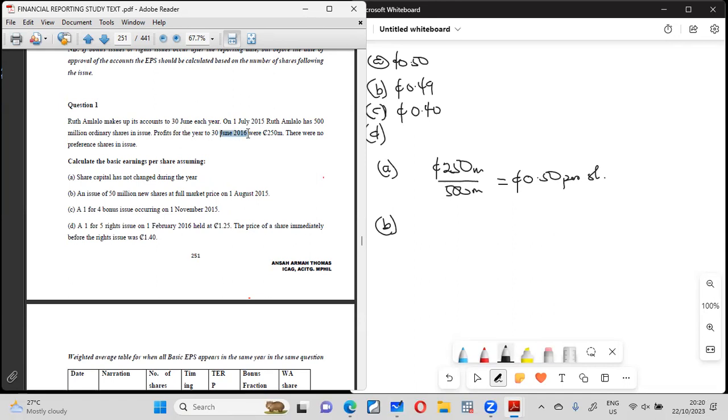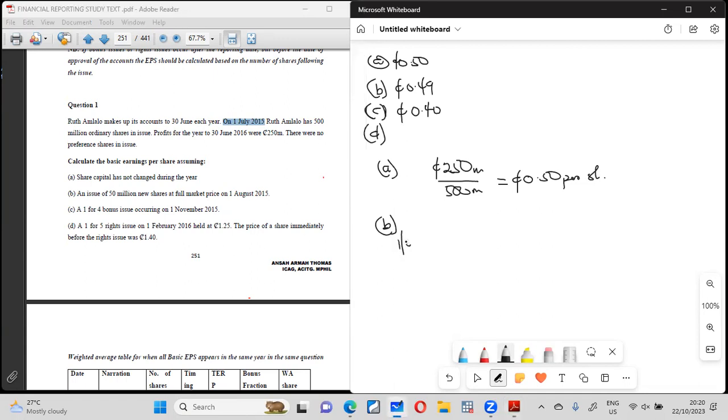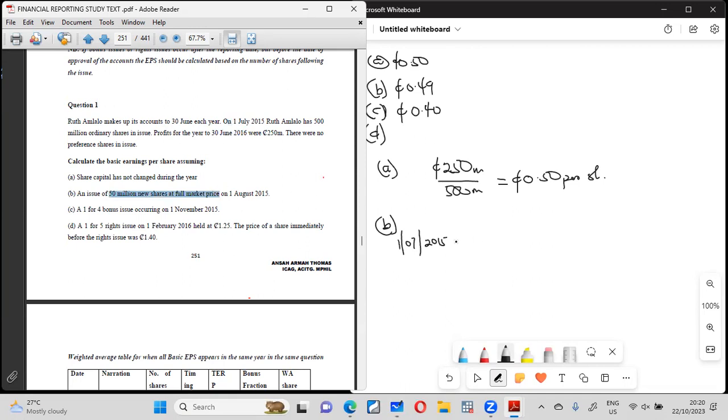So since this is profit for June 2016, the year starts from July 1, 2015, and they made the issue in August.